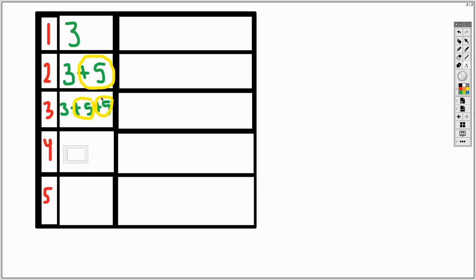So here we would do 3 plus 5 plus 5 plus 5, right? We added the number 3 times. And then for the fifth, we do 3 plus 5 plus 5 plus 5 plus 5. So our total output would be: 3 is 3, because we didn't add anything to it.